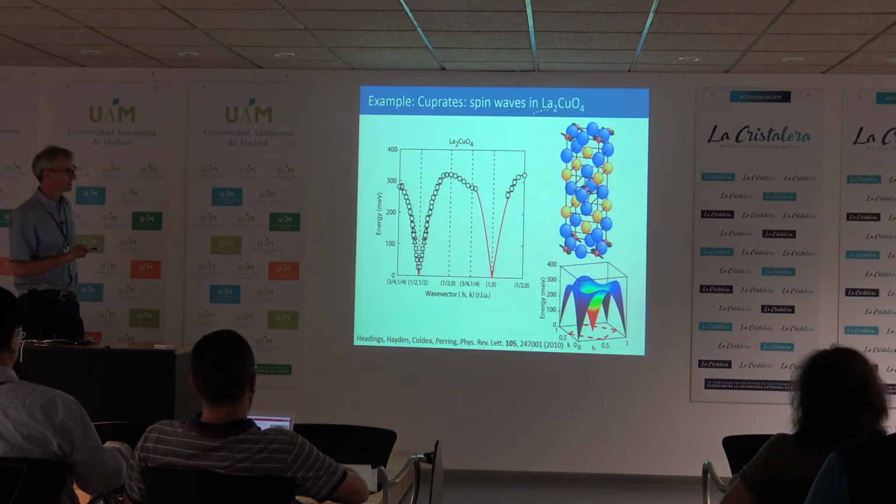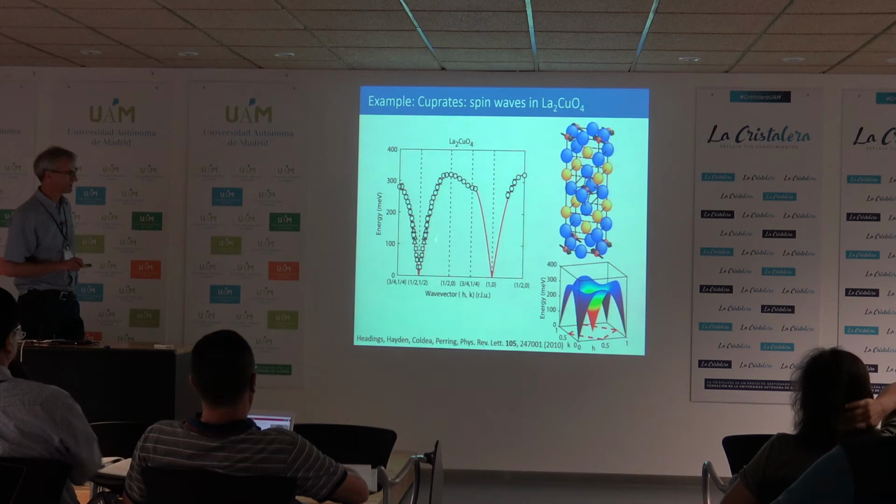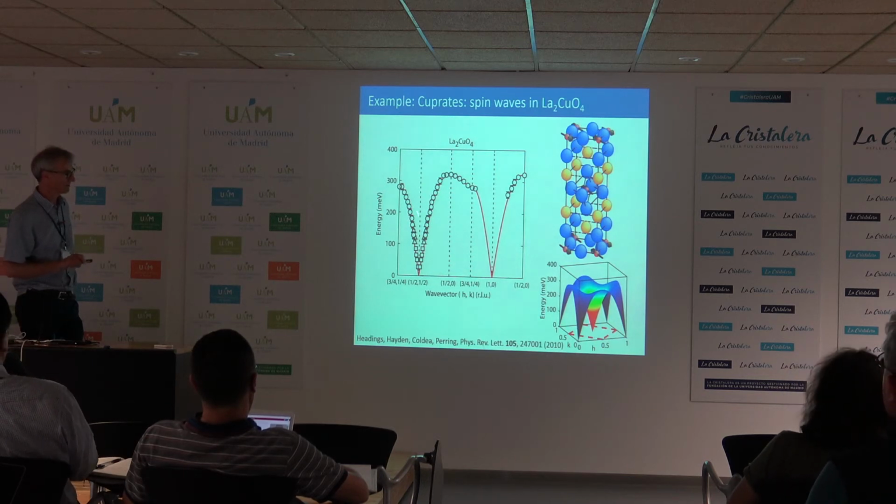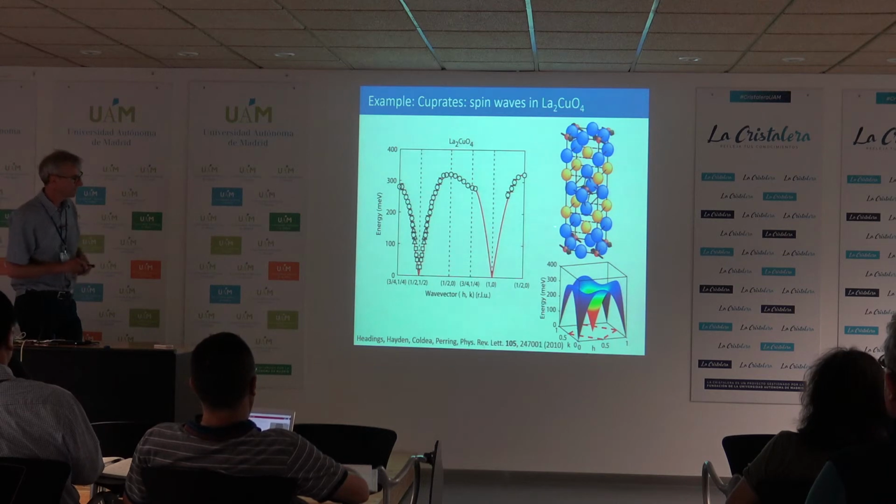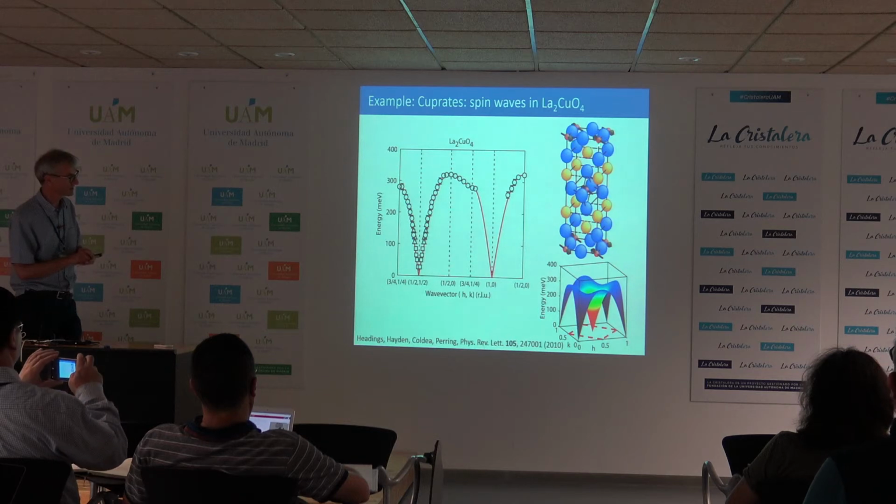One of which is LUSCO here. So this is some of our own work where we've measured the excitations throughout the Brillouin zone. This is the structure then. You can see the copper oxide layer here with these spins anti-parallel along this direction, along the bond direction, giving you this Bragg peak in the middle.